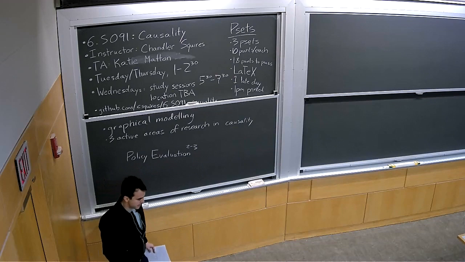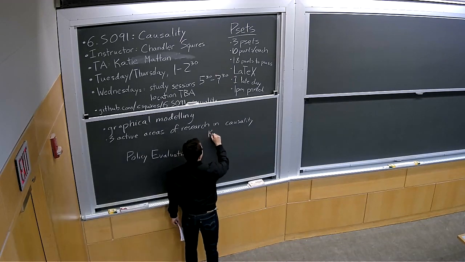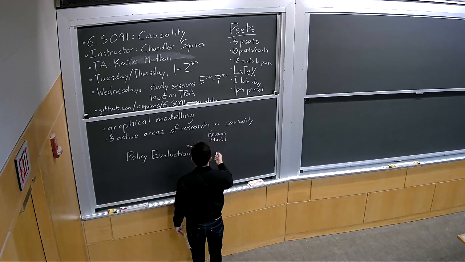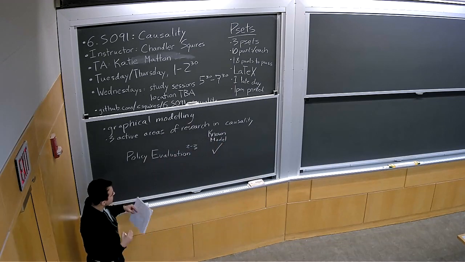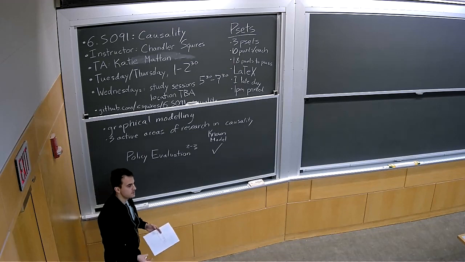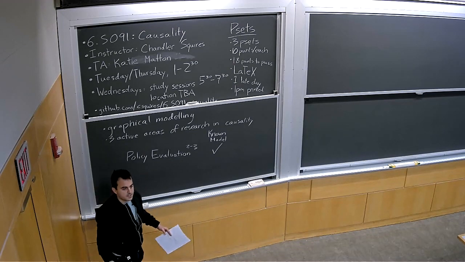And the setup for policy evaluation is that we have a known causal model of our system. So we think ahead of time, I'm trying to evaluate what the effect of giving a specific treatment to a patient is on some outcome that I care about, like longevity.